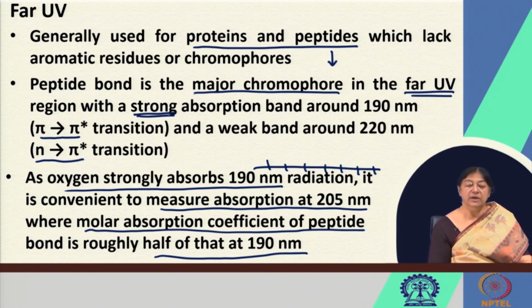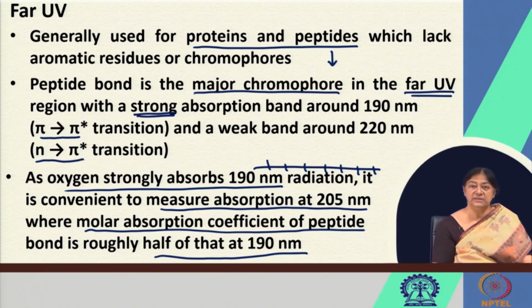So, ideally when we are looking at a peptide that does not have an aromatic amino acid present, it is preferable to measure the absorbance at 205 nanometer rather than 190, despite the fact that the strong absorption band occurs at 190 nanometer. Why? Because oxygen also strongly absorbs at this point and it will interfere with our measurement.